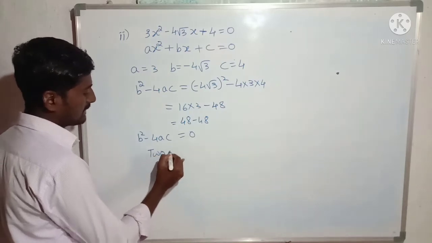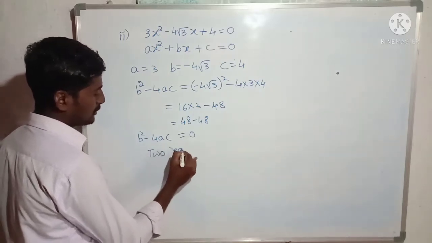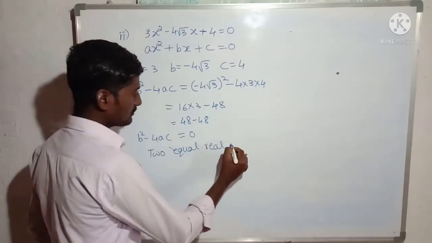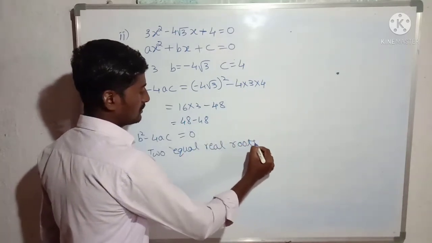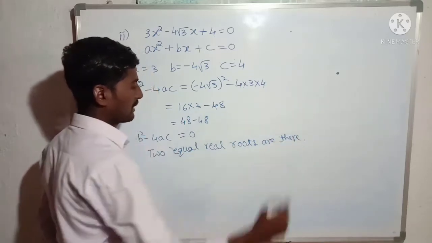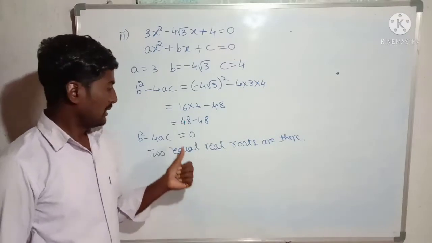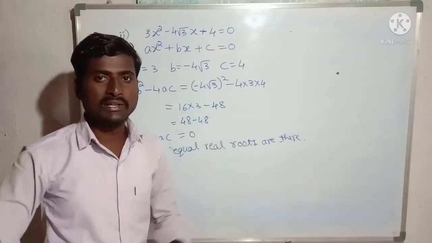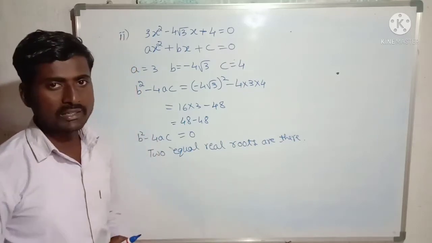Two equal real roots are there. Now the roots are real, and we have to find them. How can we find them?